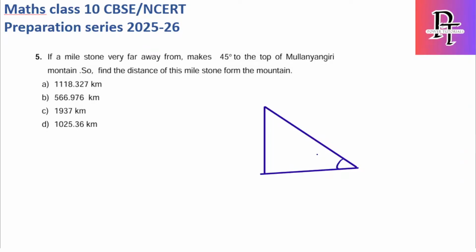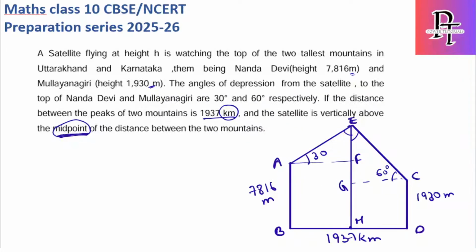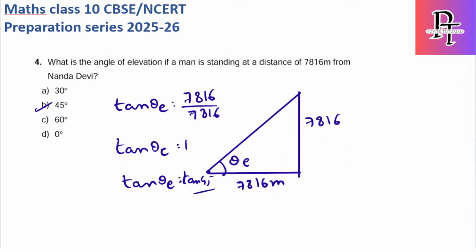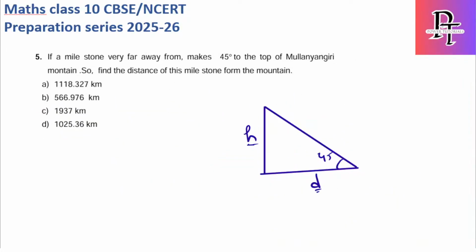Okay, so this angle is 45. Again, it's just a replication. So this is 45, then it's a clear indication that height and distance are equal. Then what is the value? The same mountain height, 1930 meters. So this distance is also 1930 meters.